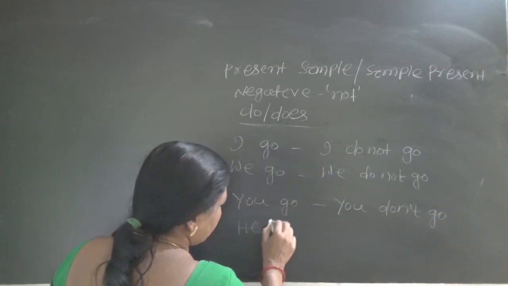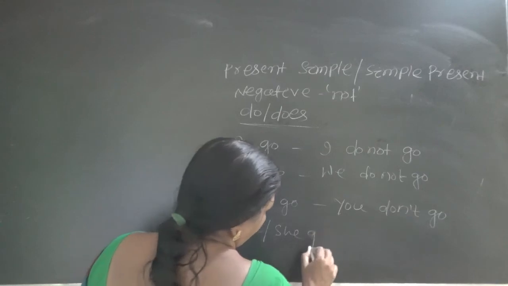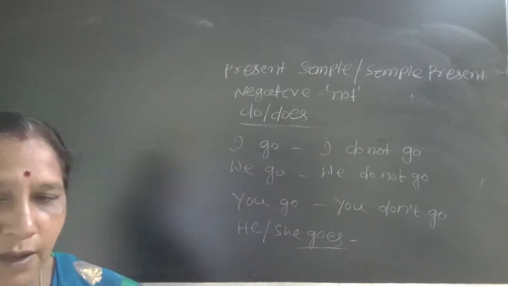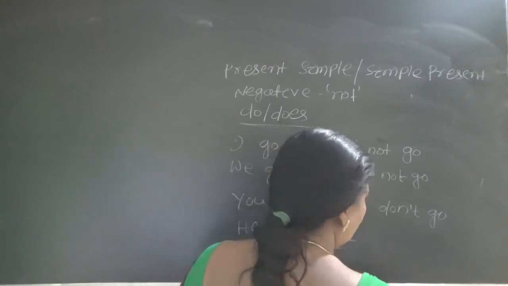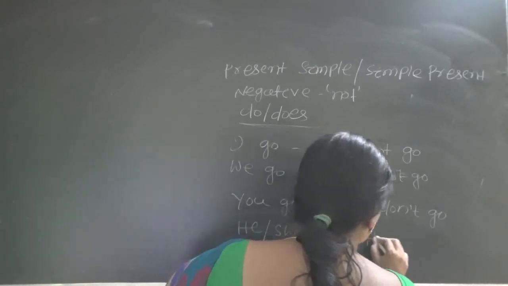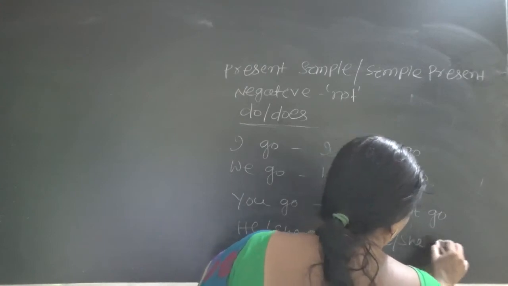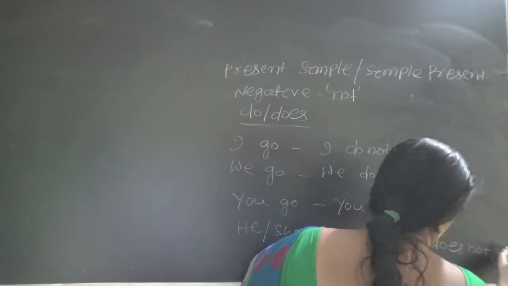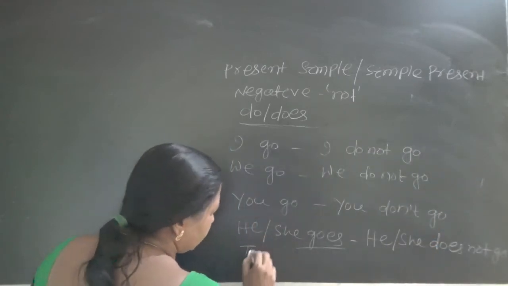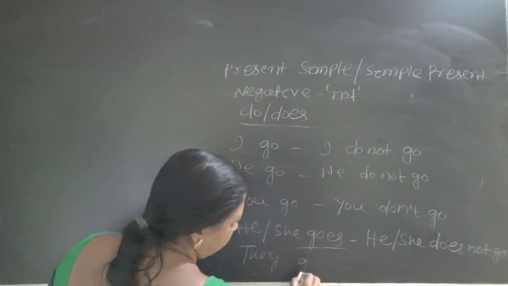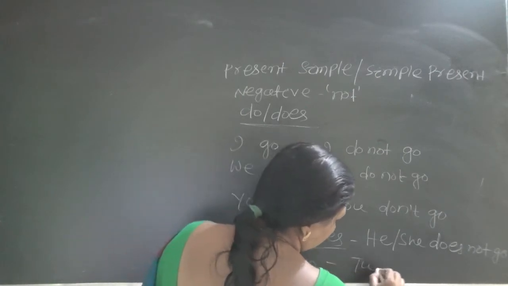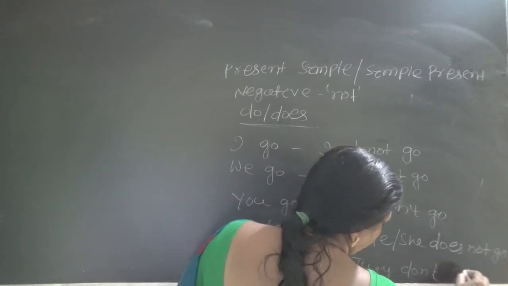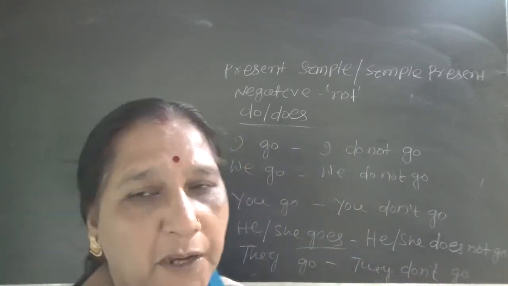He or she goes. Here the verb form is S form. That's why we take this S into does and it becomes he or she does not go. Last one is they go, they do not go. These are the negative forms of the present simple tense.